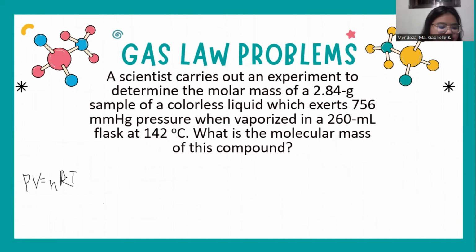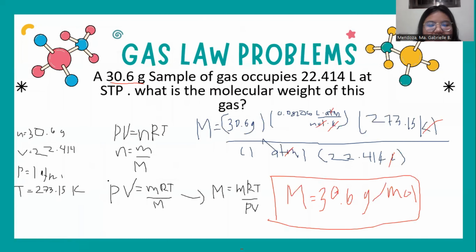Ayan. So, since yung molecular mass na naman yung hinahanap, magde-derive na naman tayo, no? As makikita natin from the problem earlier, nakita natin na n equals mass over M. So, since molar mass ngayon yung hinahanap, ito yung gagamitin natin na formula.